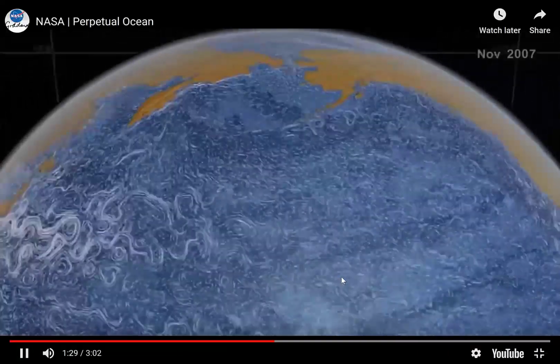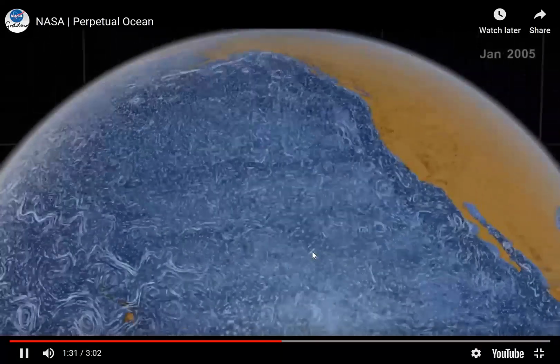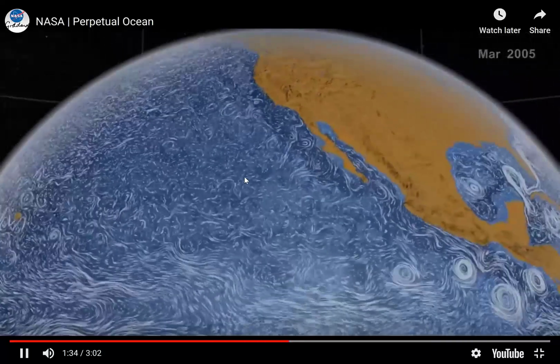And interestingly, when you come over to the eastern side of the basin, it's complex, but the flows aren't as strong.